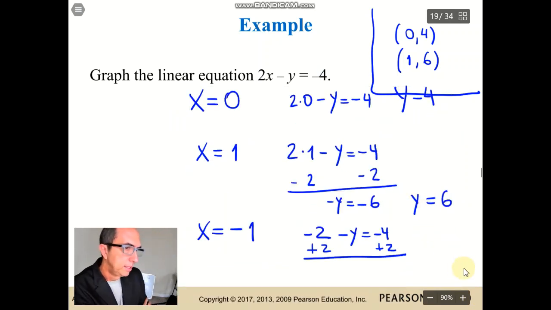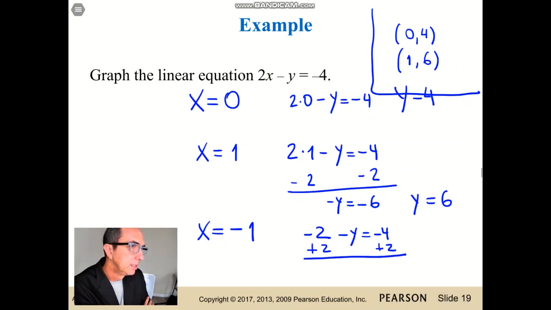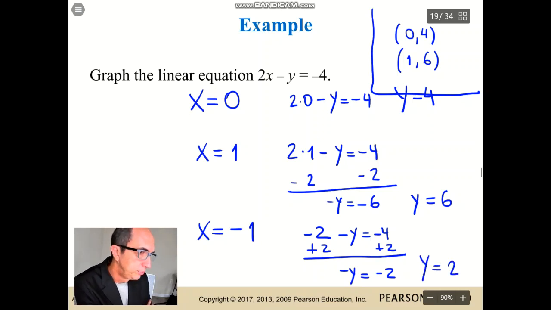Great. We have -y equals -4 plus 2, -2. That means y equals 2, right? If we divide or multiply both sides by -1. Great, now we have the third order pair.